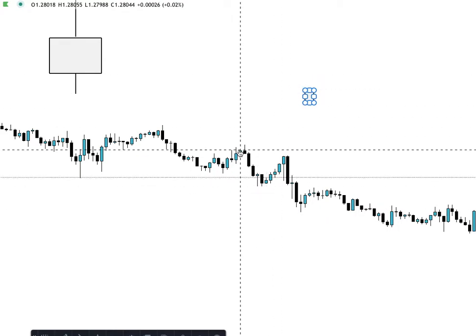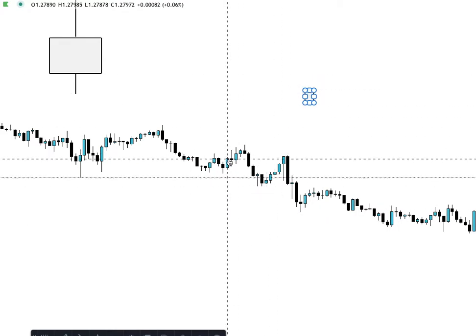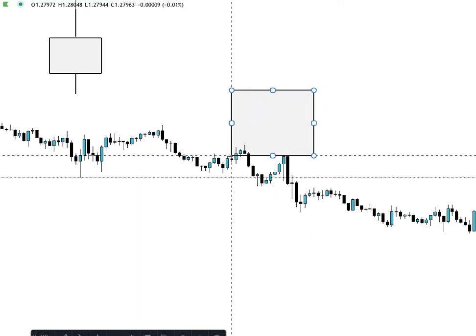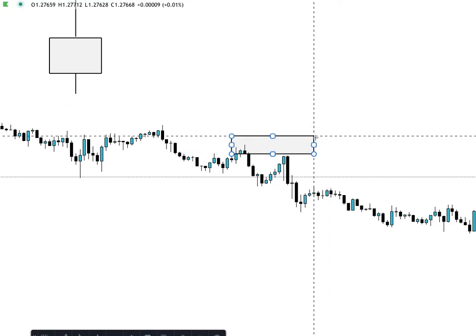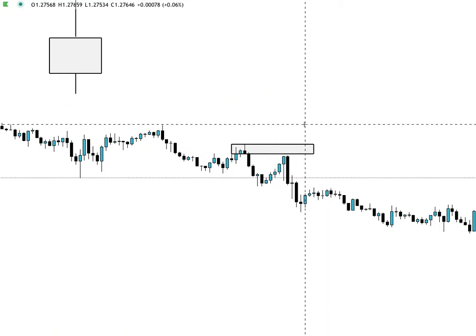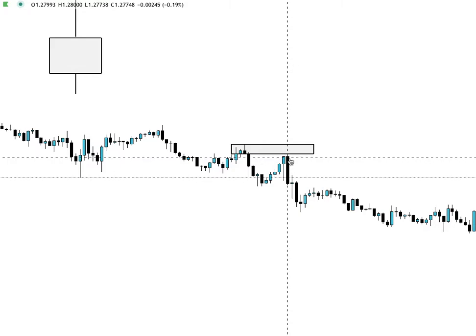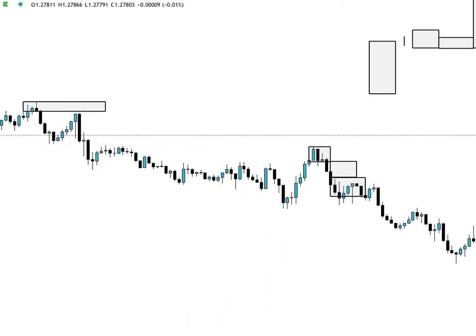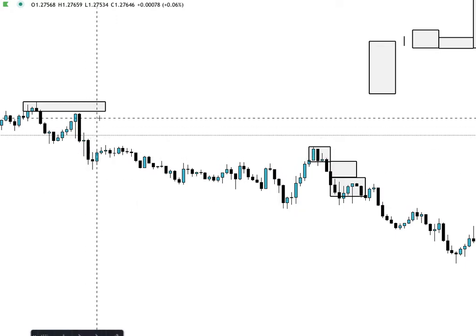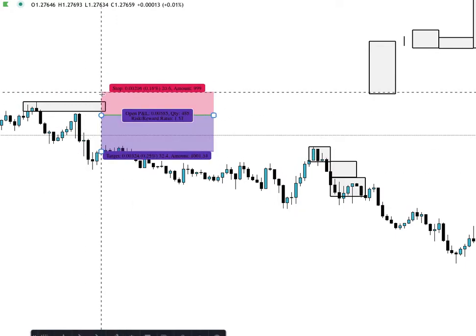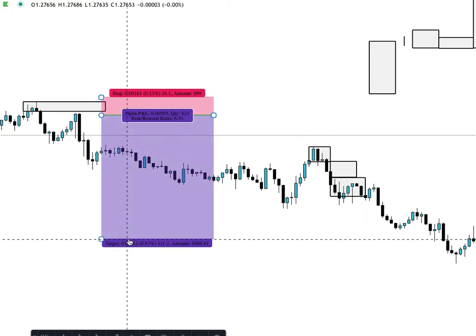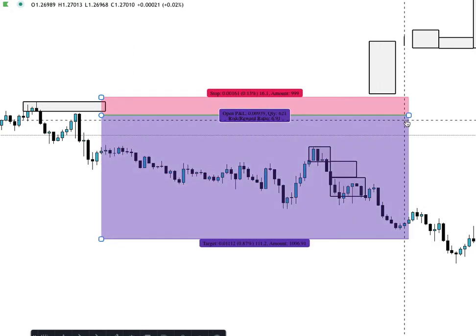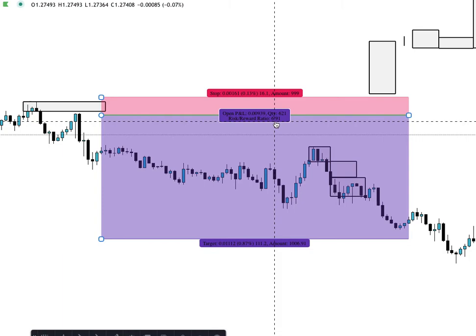So now when the market came back to retest this base right here, sometimes we enter a little bit early because not all the time the market comes back to retest the base. Right, once the market came back, you could see it had this strong move away, giving a phenomenal risk to reward, right? A phenomenal risk to reward. And these are the type of trades we want to catch.